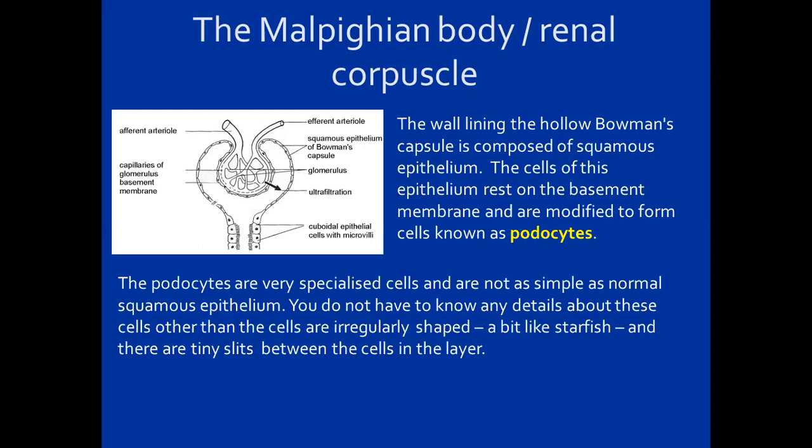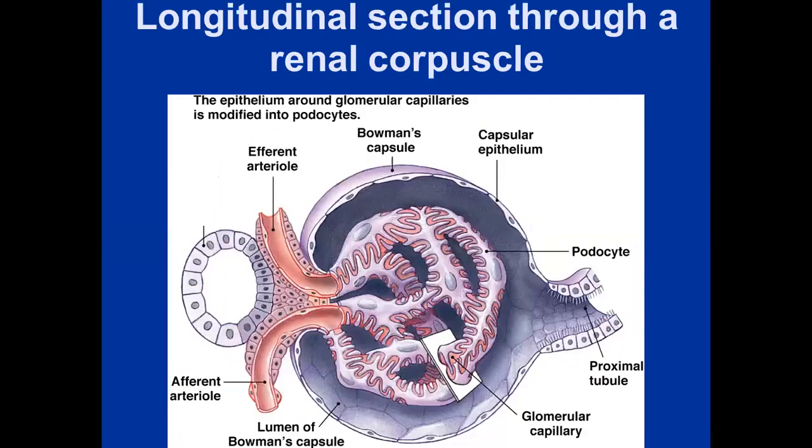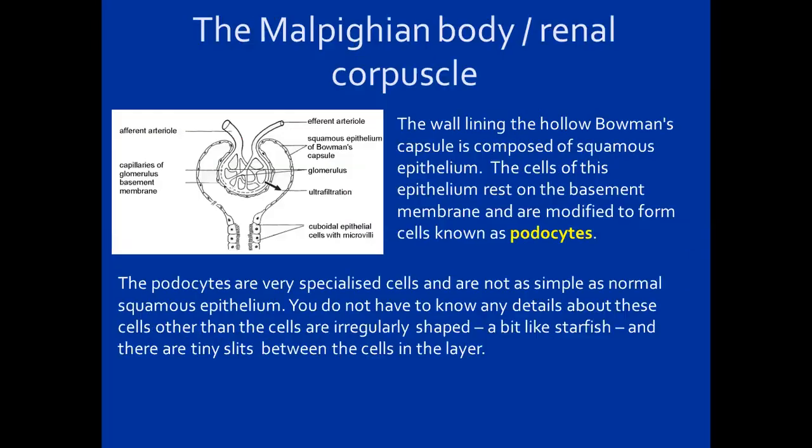So what you've got is blood in the capillaries. Then you've got a layer of squamous epithelial cells that have got micropores between them and through them.